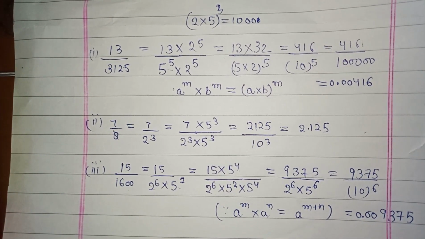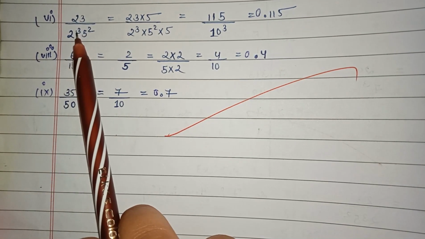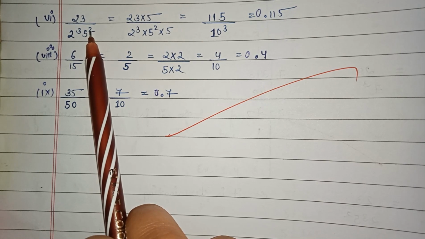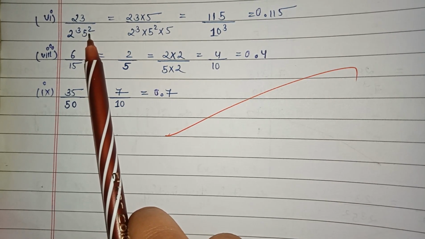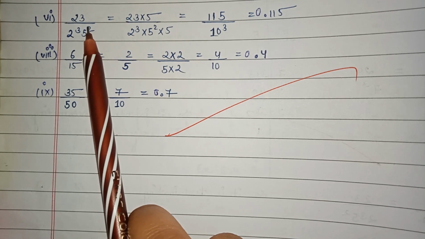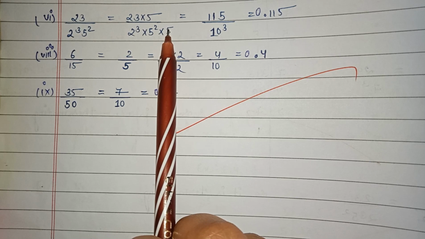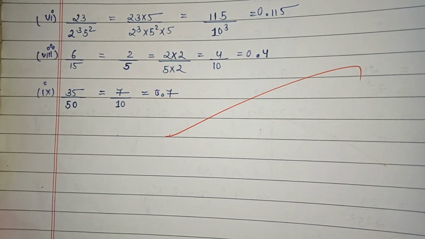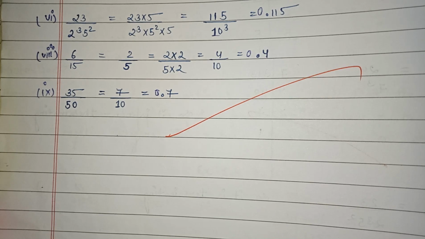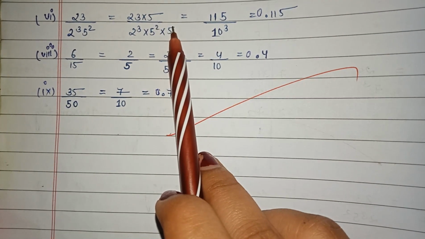Now moving to the next part, I have 23 upon 2 raised to the power 3 into 5 raised to the power 2. Now for making this in the form of 10, I have to multiply by 5. So I multiplied by 5 in the numerator as well as the denominator. Now following the same rule as we have followed in the previous one, if same bases and different powers, they will be added.